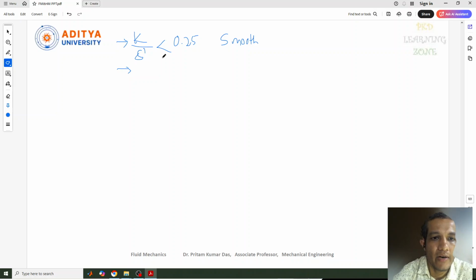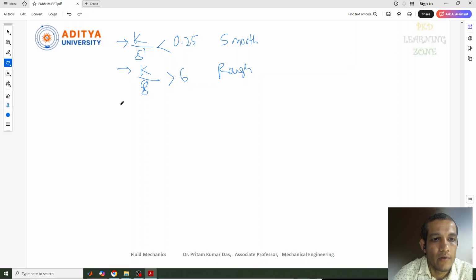For the rough boundary, K divided by delta star is greater than 6, then it is called a rough boundary.